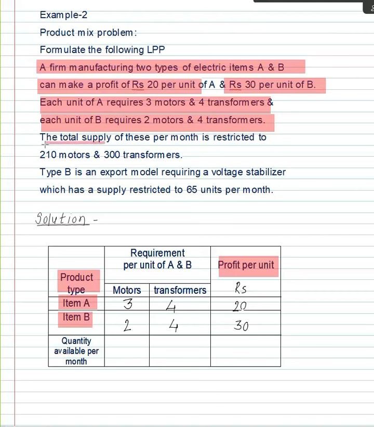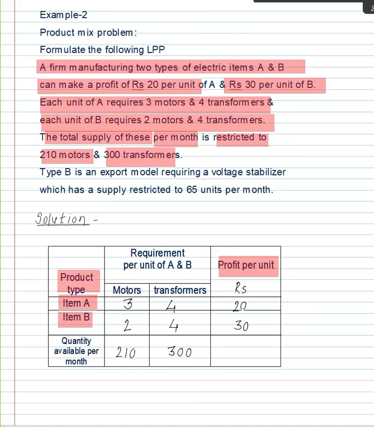The total supply of these motors and transformers per month is restricted to 210 motors and 300 transformers. So quantity of motors available per month is 210 motors and quantity of transformers available per month is 300 transformers.